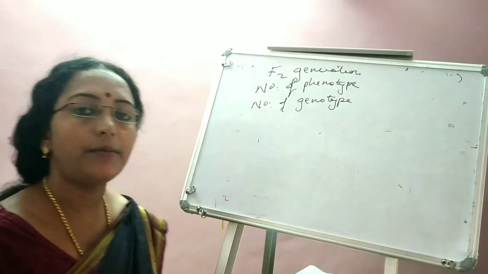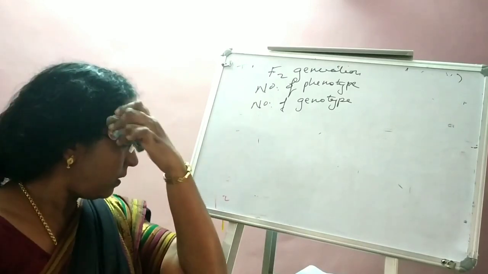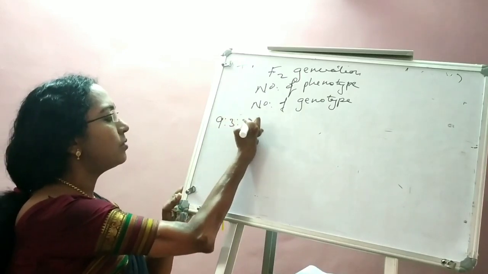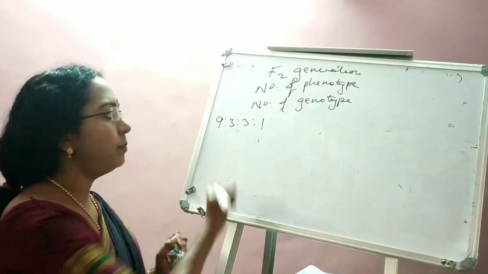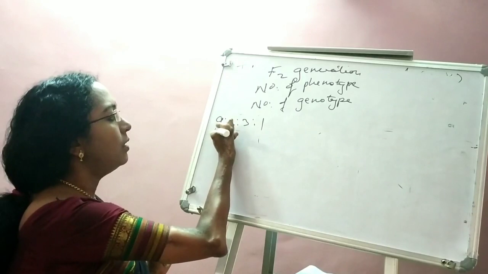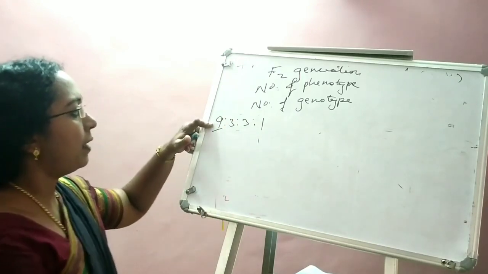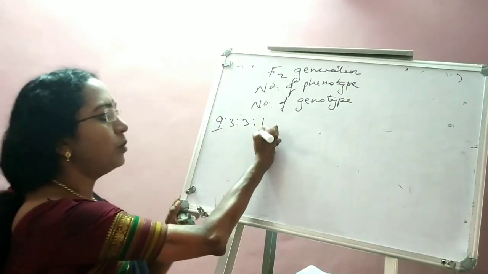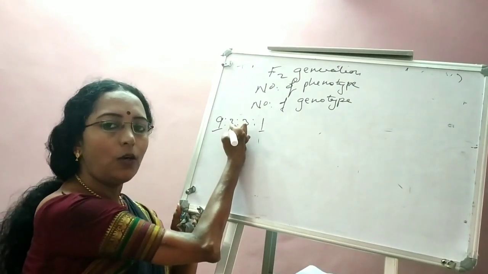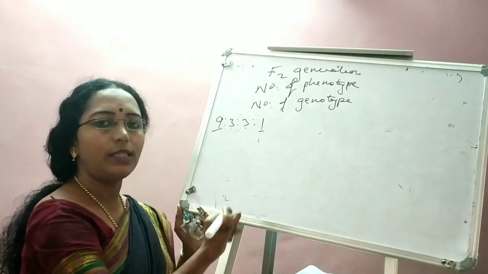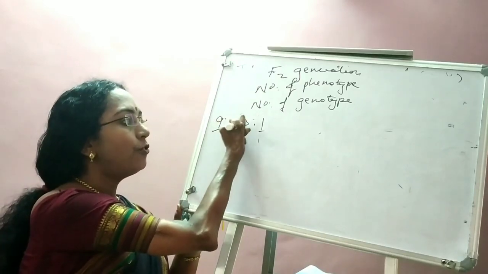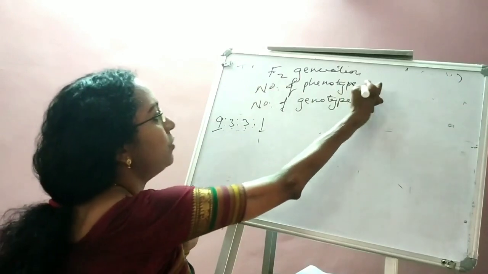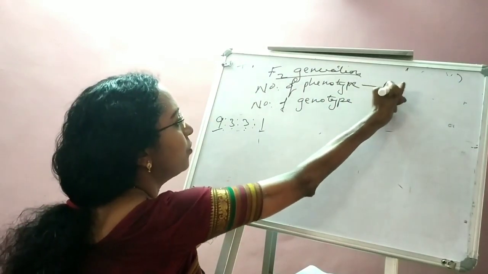For phenotype we are getting the ratio 9:3:3:1. That means one with both dominant forms, one with both recessive forms, one where one form is dominant and another recessive, and here the vice versa. So you are getting 4 types of phenotypes. The number of phenotypes in the F2 generation is 4.